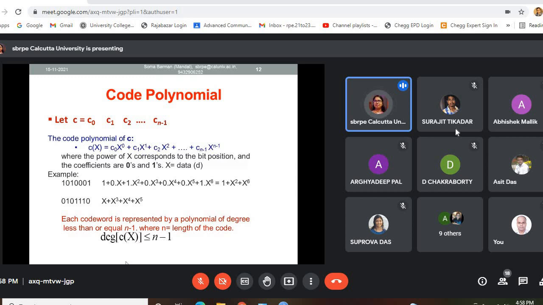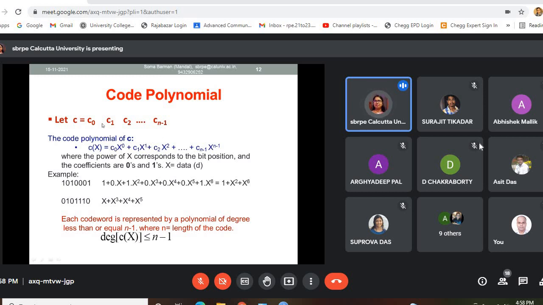Now we are considering that C is a cyclic code containing the code word C0, C1, C2 up to C(n-1). The length of the code is n.